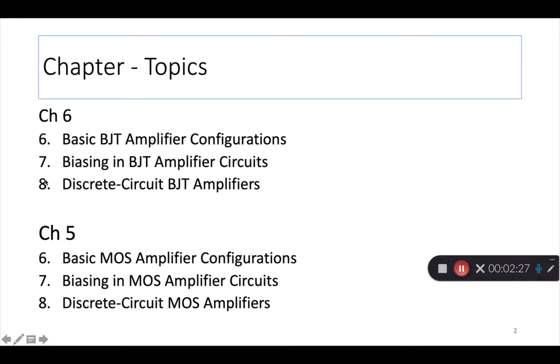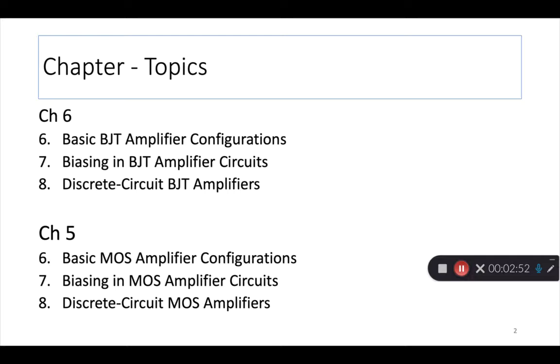The same section numbers, the same approach. The only thing is the device will be either a BJT or a MOS, and the behavior of the circuit is slightly different because of the difference in the characteristics or the properties of the BJT versus MOS transistors, right?